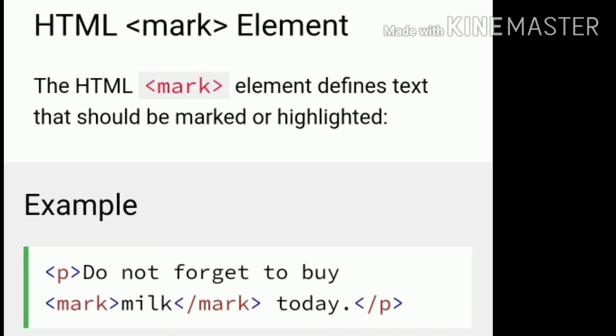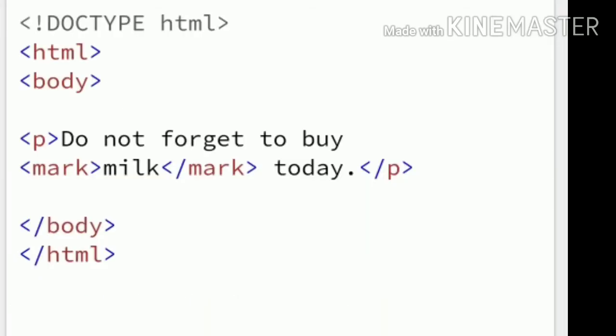Do not forget to buy. Then start the mark tag, opening the mark tag, milk, closing the slash mark. Then write it today. After that close the paragraph with the slash p tag.